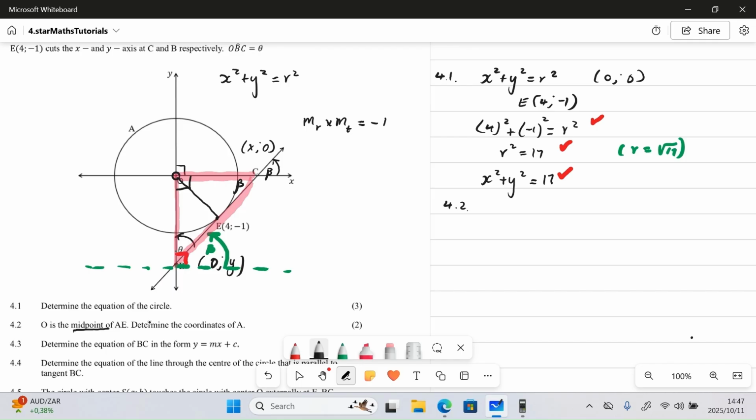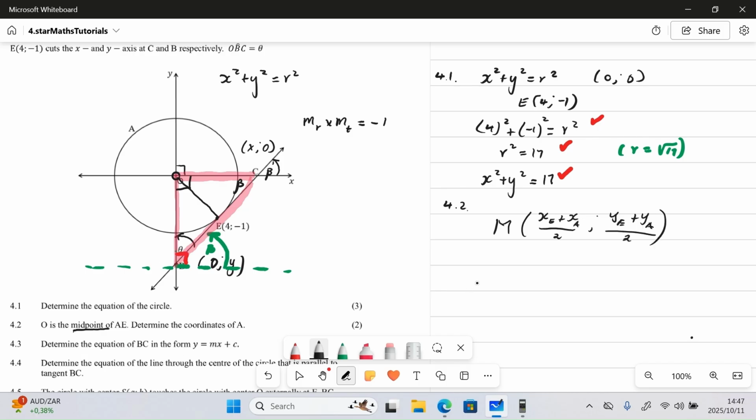Calculate the coordinates of A. Okay, remember the midpoint formula. It says the x midpoint of AE is x at E plus x at A over 2. Then the y midpoint is y at E plus y at A over 2.